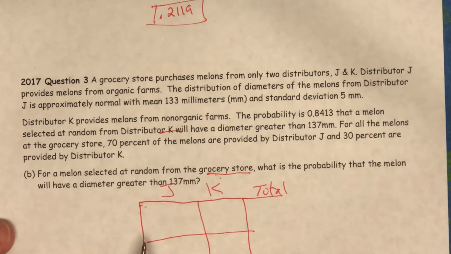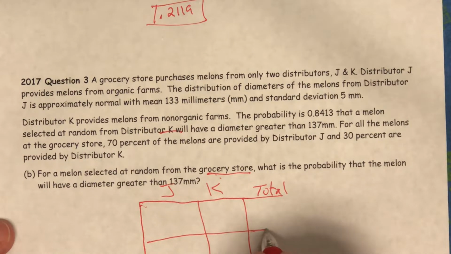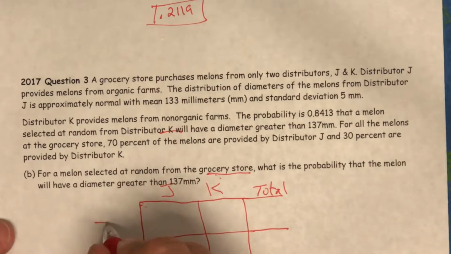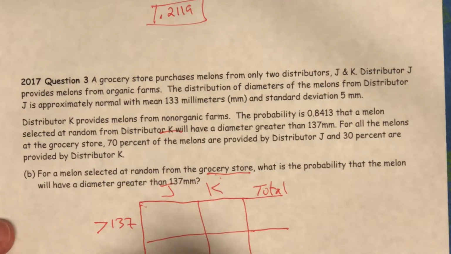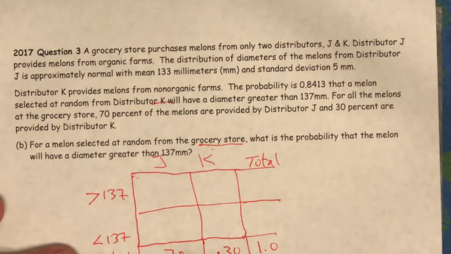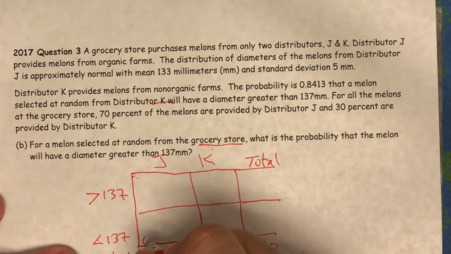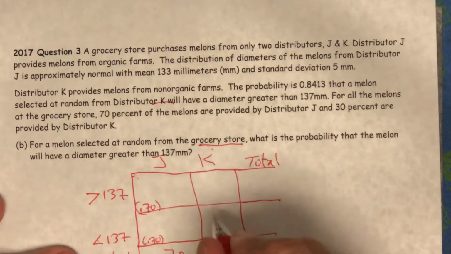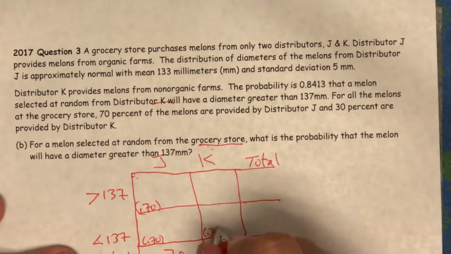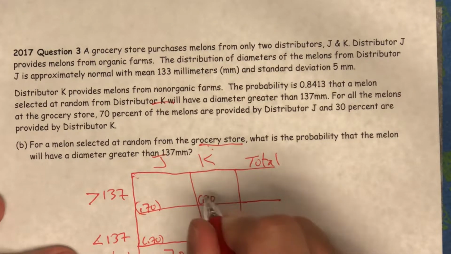Well, the other categorical variable was whether or not it was greater than 137. So this one is just going to be greater than 137, and this is going to be less than 137. With the contingency table, we take our values at the bottom and we write them small, but we bring them up in each column, in the respective columns. So this is going to be 0.30, and this is 0.30.